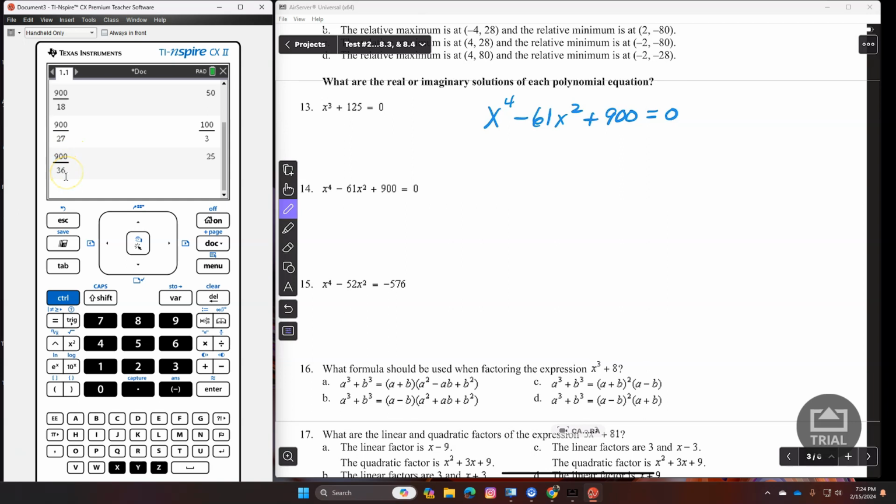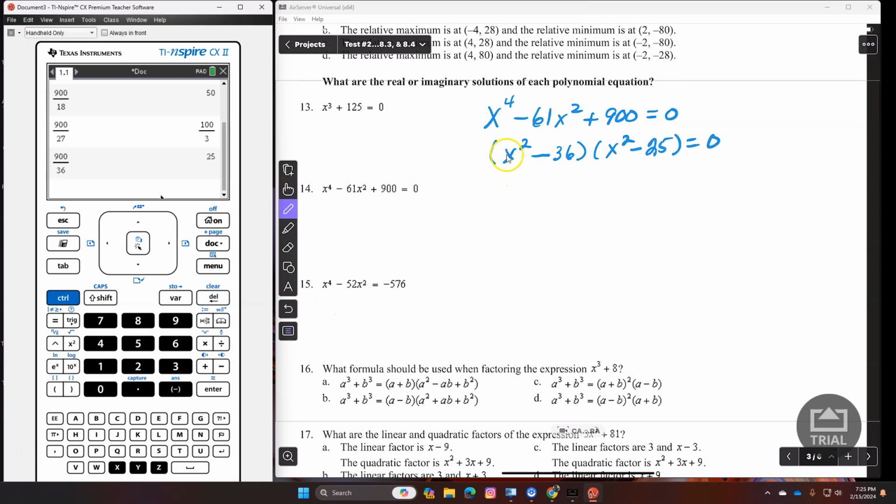900 divided by 36. 36 is divisible by 3, so 36 times 25 gives you 900, and guess what? 36 plus 25 also gives you 61. So I found it. So you're going to write x squared minus 36, x squared minus 25.